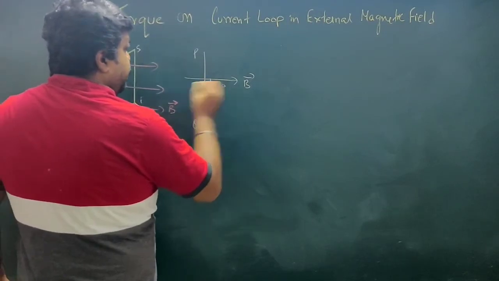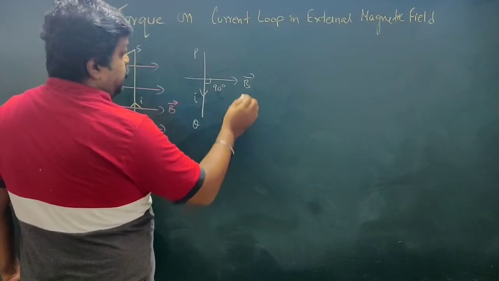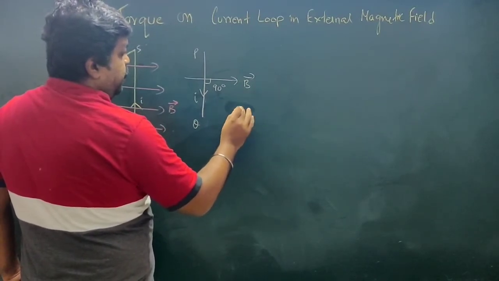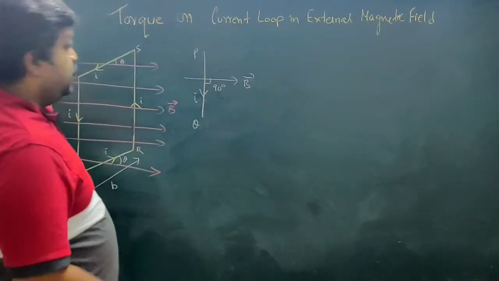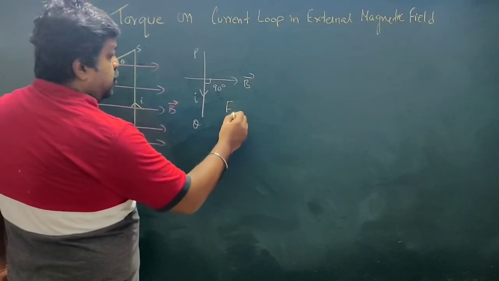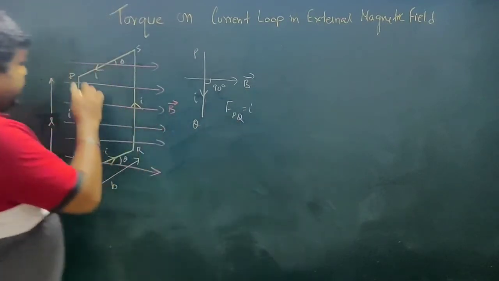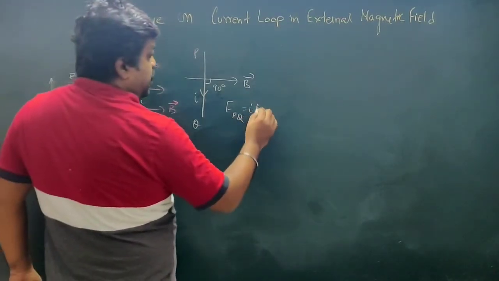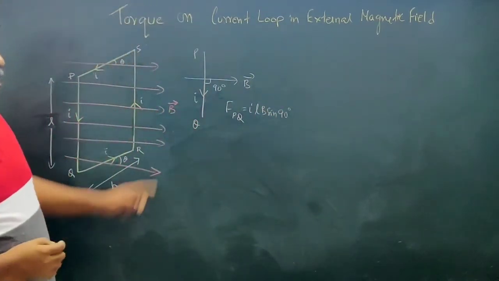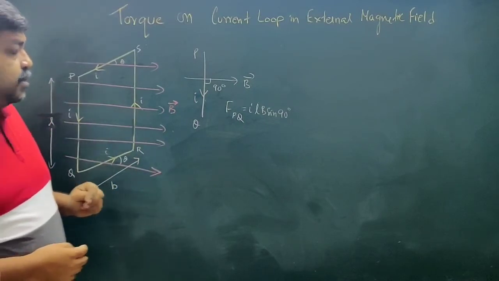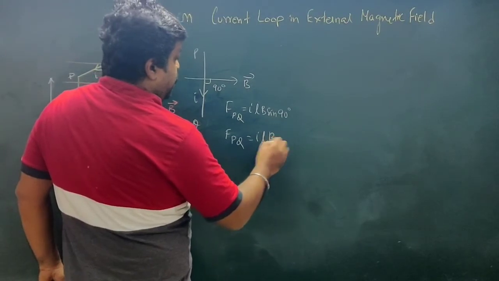This angle is 90 degrees. So the force on the PQ part will be equal to I, length is L, B sin 90 degrees. The angle is 90 degrees. So F PQ is equal to I L B.